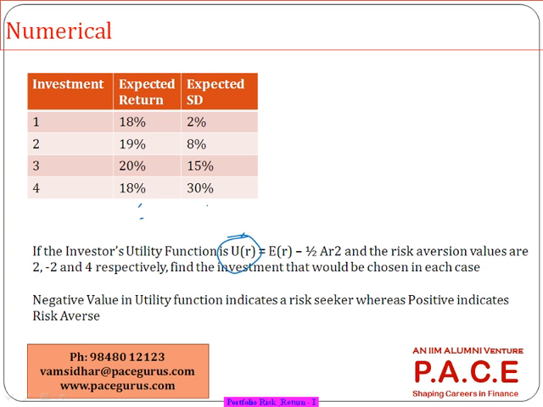If you see here, the way the utility function is defined, the expected return minus, oh sorry, this is sigma, this is not R, this is sigma. Minus half A sigma squared, risk, variance, right?